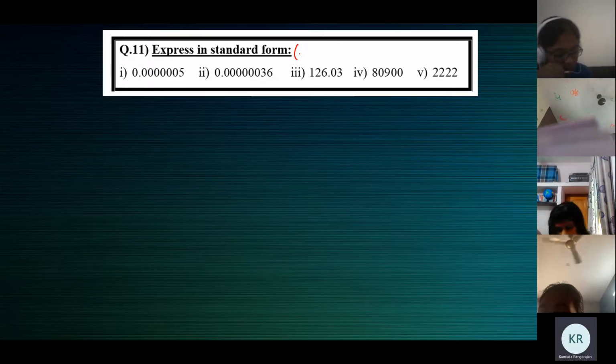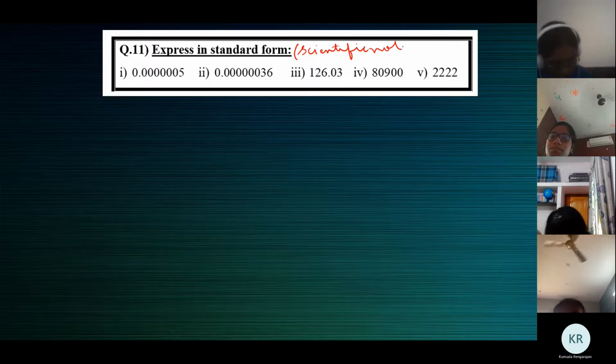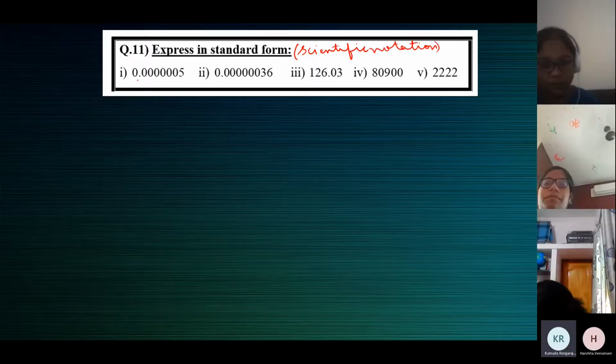So standard form is also called the scientific notation. This is called the usual form. What is here is the usual form.